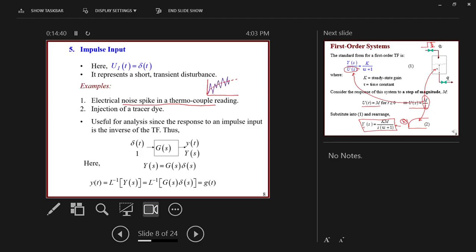So you can see now that the change happens in spikes. These spikes can be approximated as individual impulses. The injection of a tracer dye. Also, in some kind of mass transfer analysis, we may like to inject a tracer.